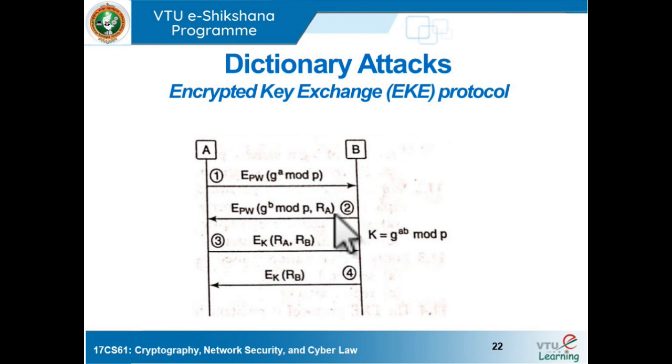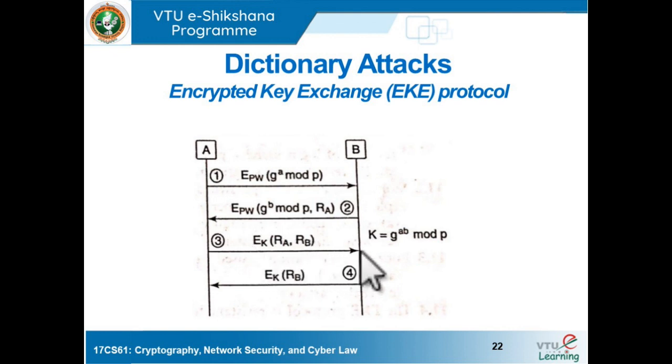RA. Now upon receiving this information, Alice will encrypt both the challenges, one from RA, that is Alice, and one from B, which is RB, and then send it to Bob.